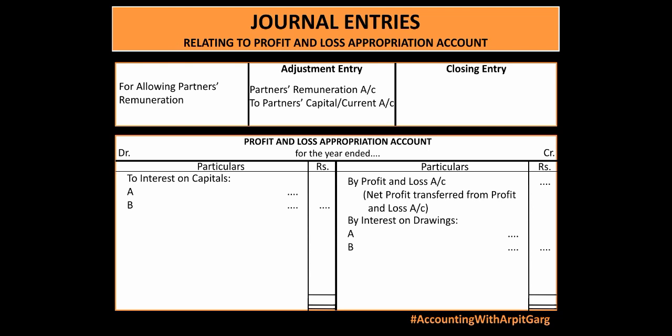Being an expense, remuneration is debited, and partners' capital or current accounts are increased by crediting. Then the closing entry: credit partners remuneration account and debit profit and loss appropriation account.